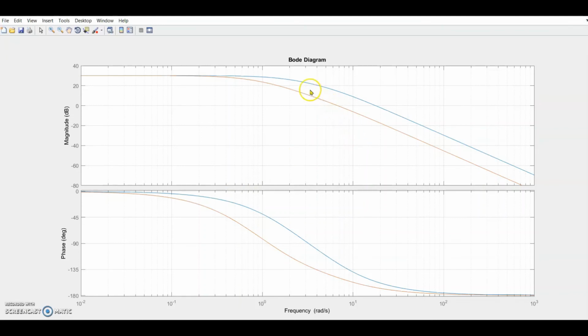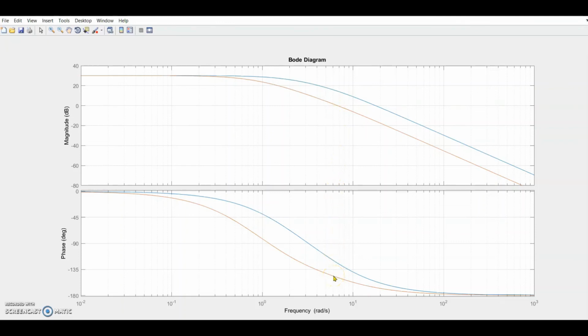Now just for completion purposes, I have also drawn the Bode plot of the uncompensated system and that of the compensated system. You can see the Bode plot of the compensated system has a lower new gain crossover frequency than the Bode plot of the uncompensated system. In the uncompensated system, the phase margin is low here, and when we go for the compensated system, we read the phase margin from here, because this is the new gain crossover frequency, and here the phase margin is more.